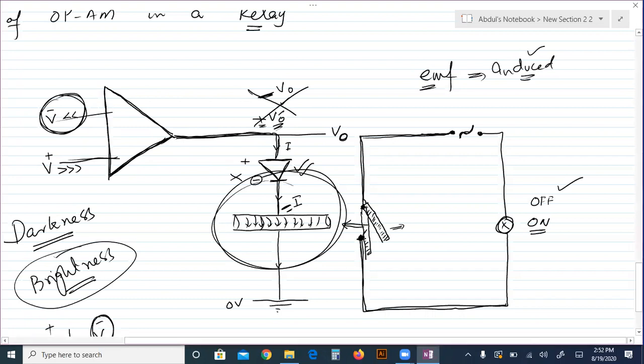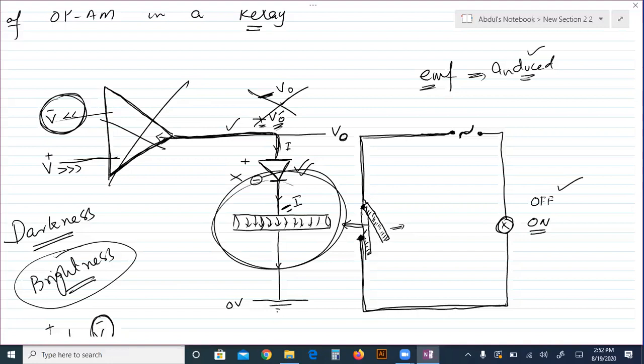So the current flows towards the operational amplifier. When current enters the amplifier due to the low impedance of the output terminal, it stops working. So this is the problem when both input voltages become equal.